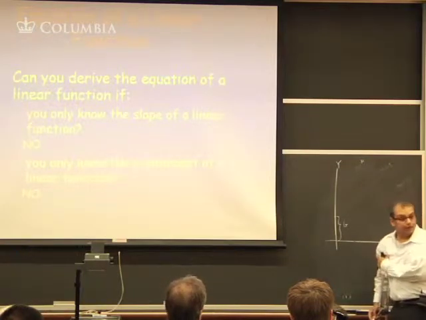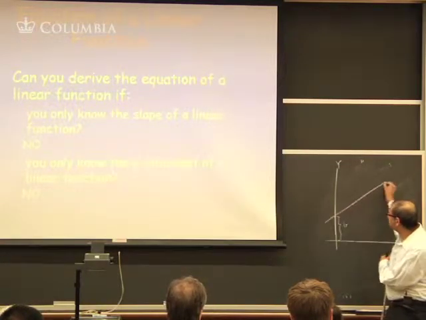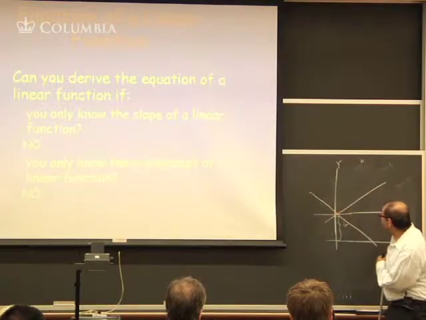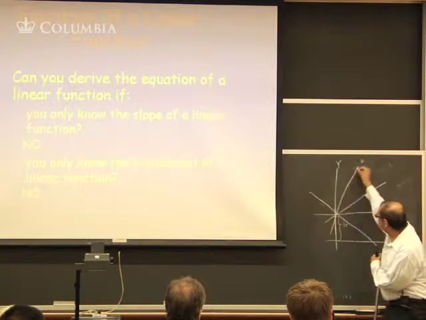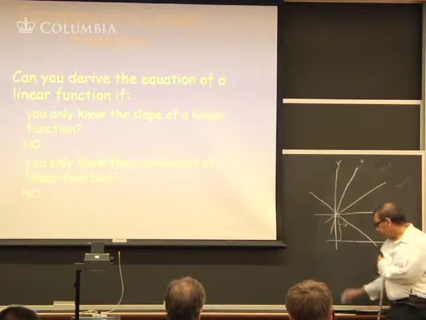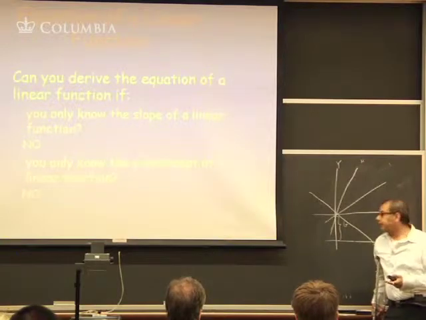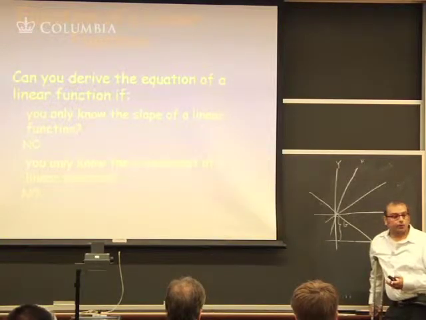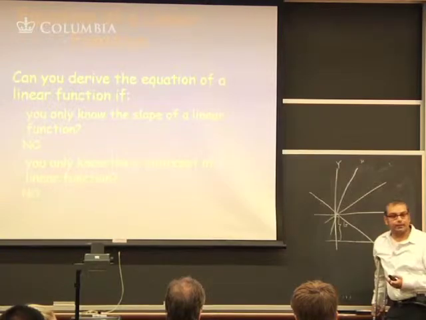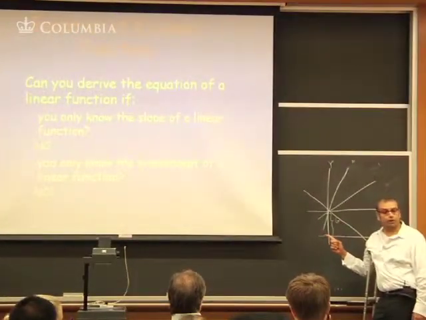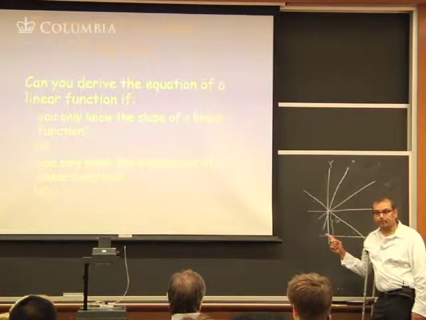A whole wheel of potential lines, right? So it might look like that. Sorry, my drawing is terrible here. Okay, so any of these. So actually, what's very interesting is that what character is your knowledge if you just know the y-intercept?